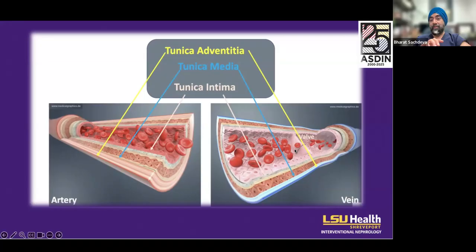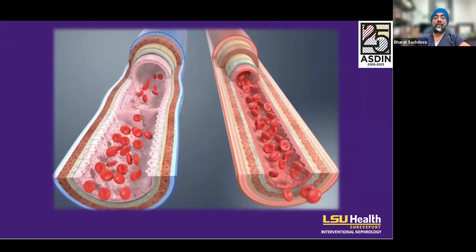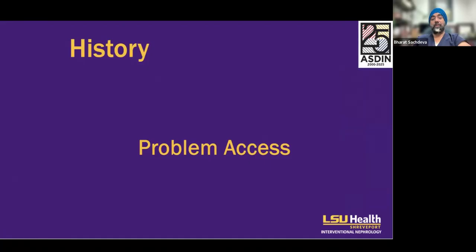And the unique anatomy of this vessel, the vein, which is used to create the fistula, especially the valves, can create some degree of stenosis in the channel. And also, as the fistula matures, the vein is supposed to dilate and get thicker and bigger. So now the vein looks very similar to the artery in terms of the thickness over time and is able to then accommodate those needles in multiple processes.